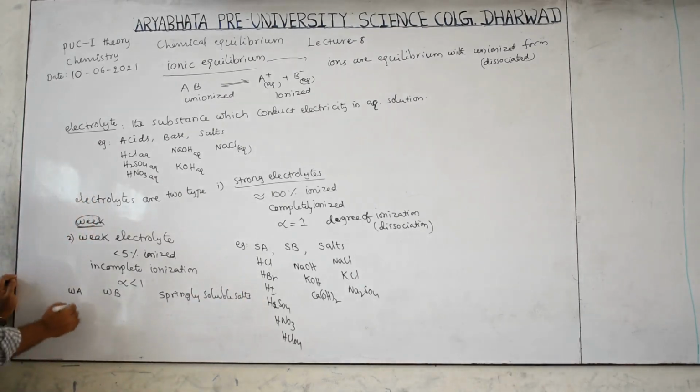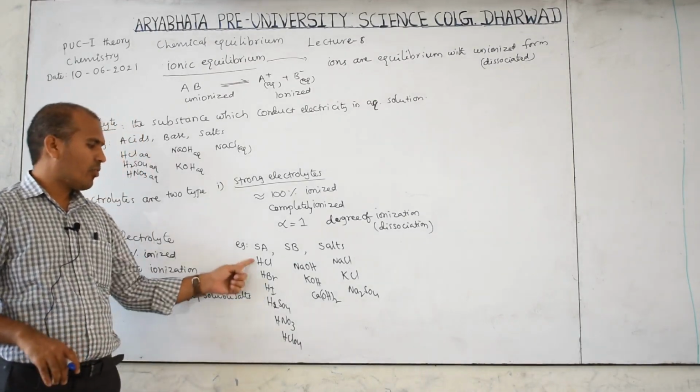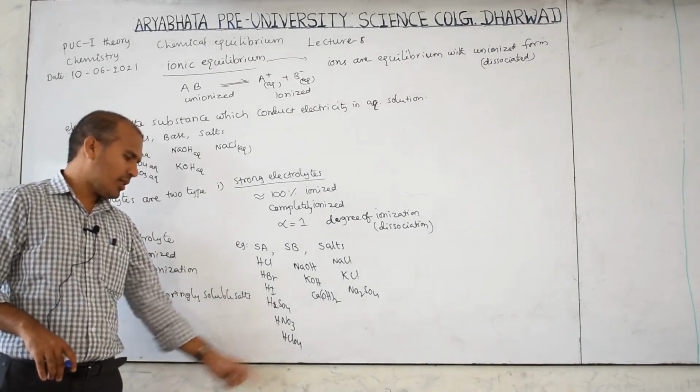Okay. For example, weak acids: organic acids are all weak acids. Formic acid, like this HCN, and keep in mind other than these, all remaining are weak acids. How many are there? 1, 2, 3, 4, 5, 6.